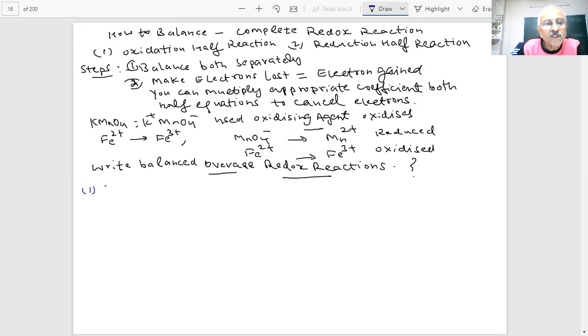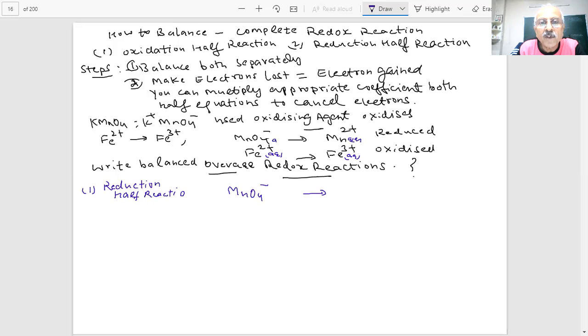Let me take first the reduction half reaction. Which one is that? MnO4 minus going to Mn2 plus. I can put aqueous here. If they are in solution, I can use aqueous, no problem.